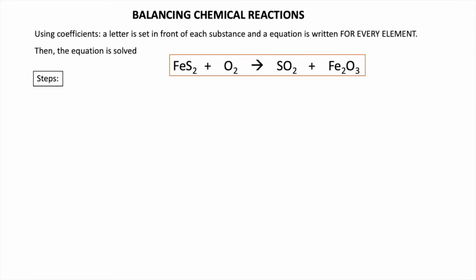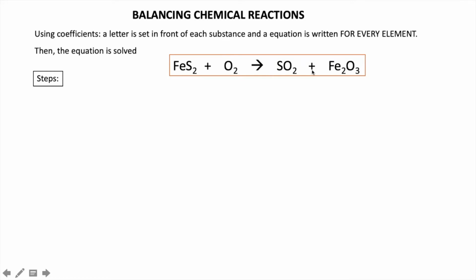Balancing a chemical reaction, we need to know these steps. We're going to go little by little to understand it very well. Here we have our chemical equation, and it is unbalanced. What does it mean? That we don't have the same number of, for example, iron in the reactants as in the products.